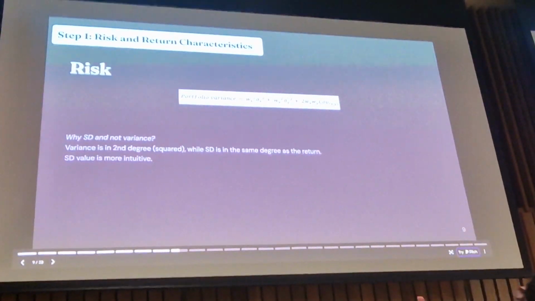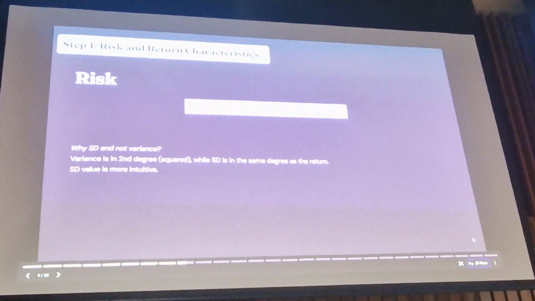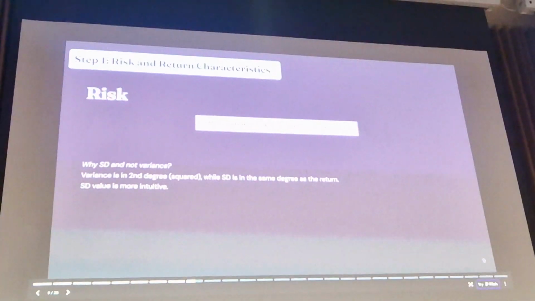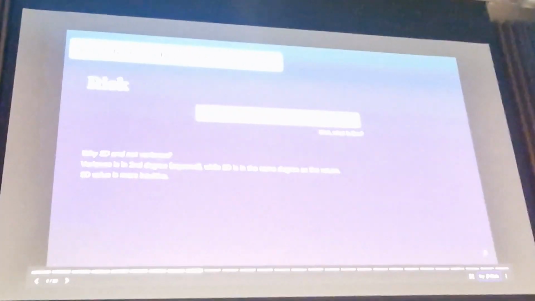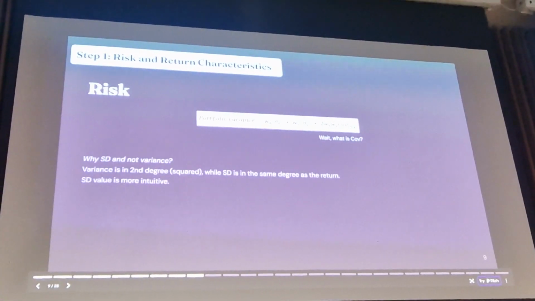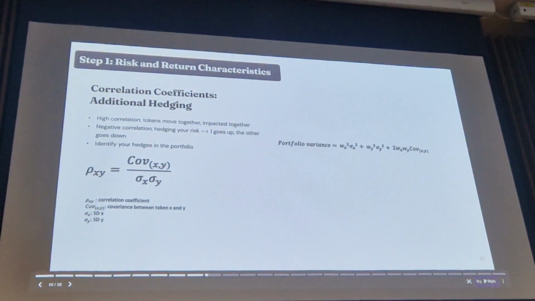Risk, as I mentioned before, is the variance, and the square root of the variance is the standard deviation, which is in the first degree. What is COV here? COV is actually covariance. What's the difference between variance and covariance? I'm going to explain it next.